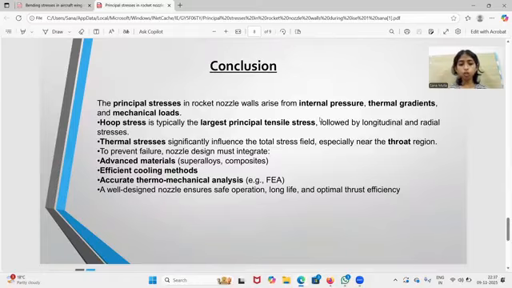To conclude, advanced materials like superalloys and composites are much preferred for the manufacturing of the nozzle, and efficient cooling methods are also essential. Accurate thermomechanical analysis also has to be done. A well-designed nozzle ensures safe operation, long life, and optimal thrust efficiency.